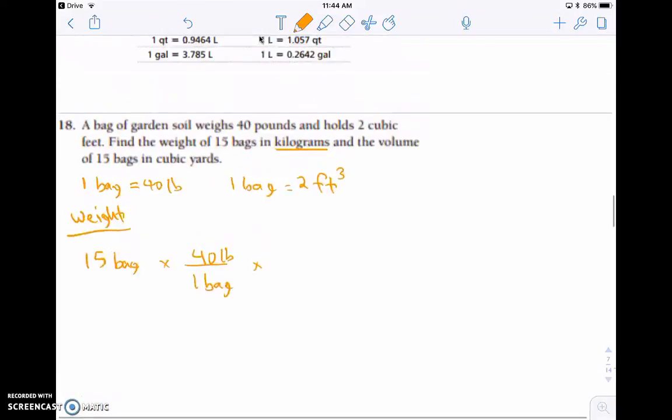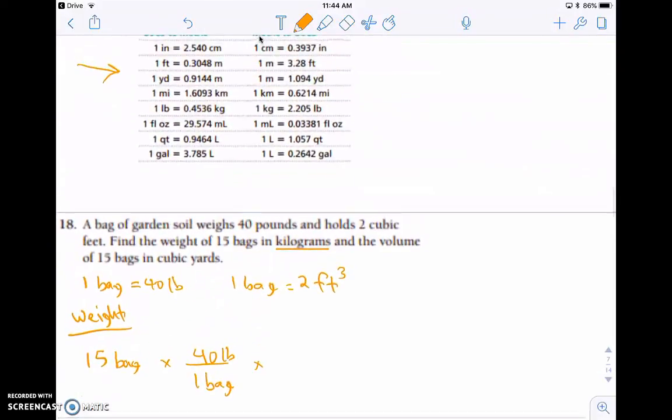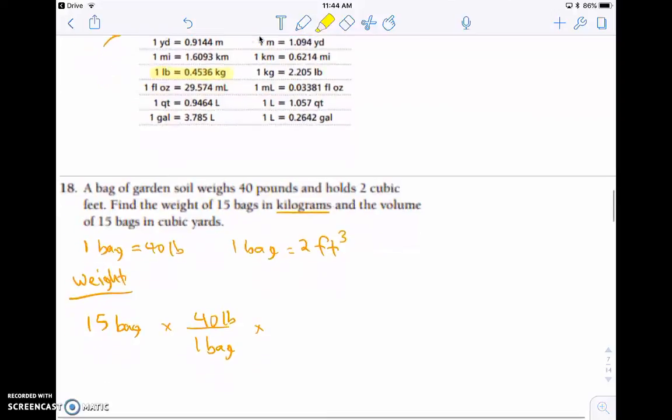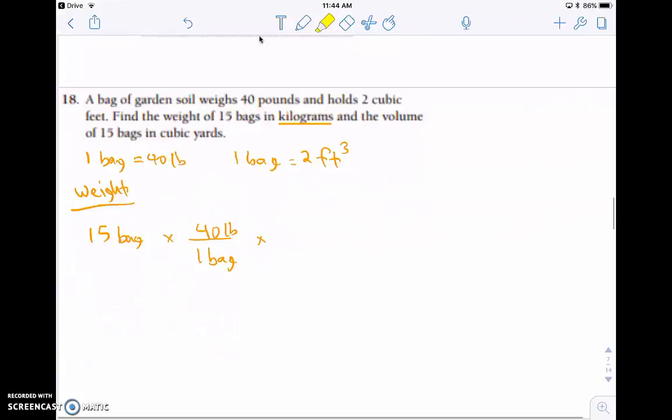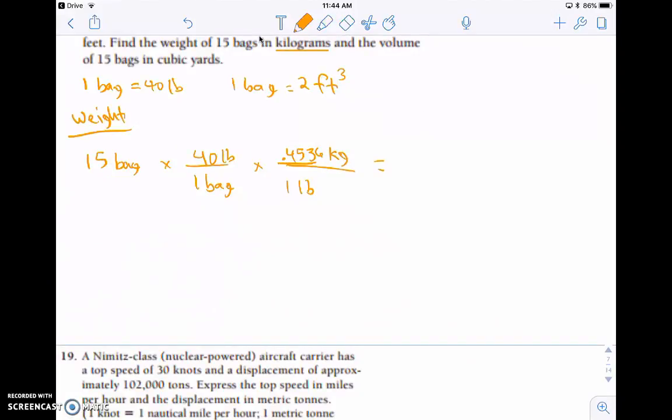And so coming up here, we can see right here that 1 pound is 0.4536 kilograms. So we're going to say 1 pound is 0.4536 kilograms. Okay, and now you're going to multiply out the top and you're going to multiply out the bottom.